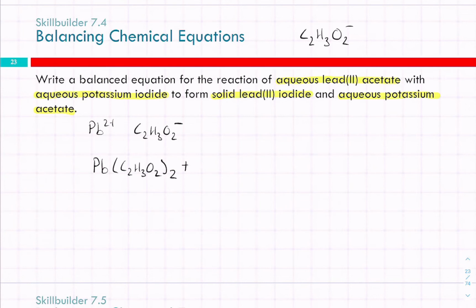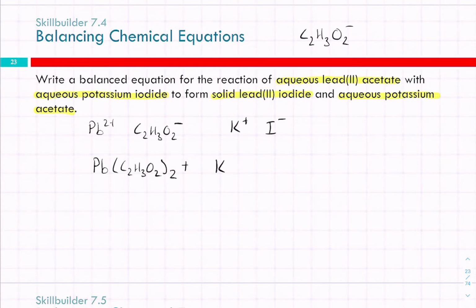And what would potassium iodide be? What's the symbol for potassium? K. And it has a charge of plus. And iodide, I minus. So potassium iodide is, we gotta, yeah, so how many potassium, how many iodine? 1 and 1.